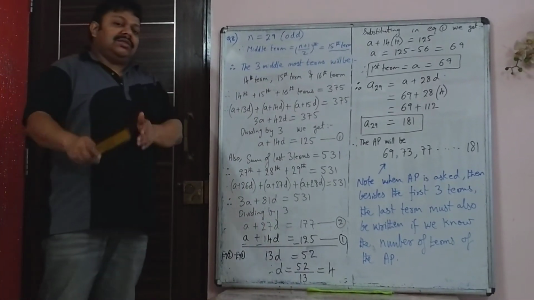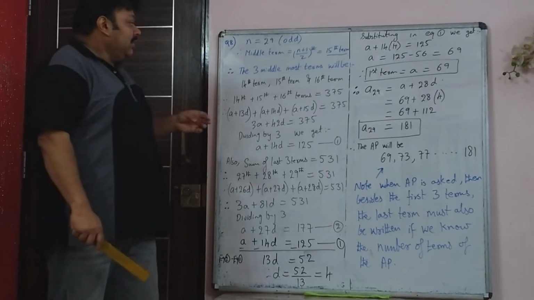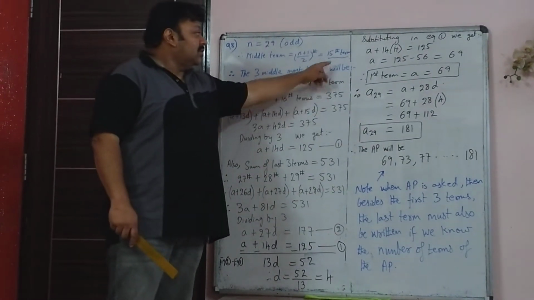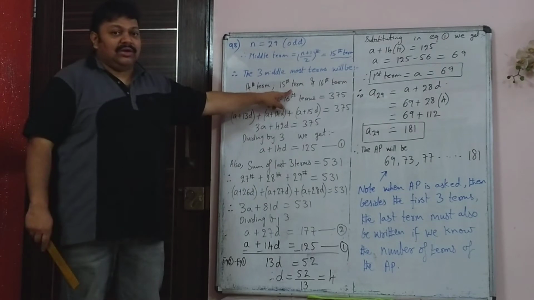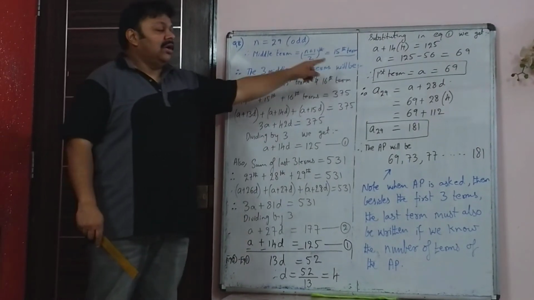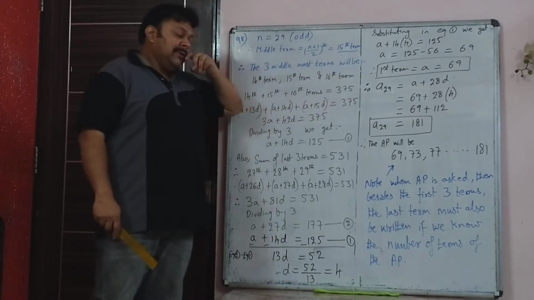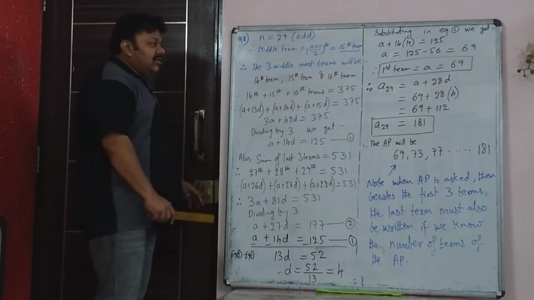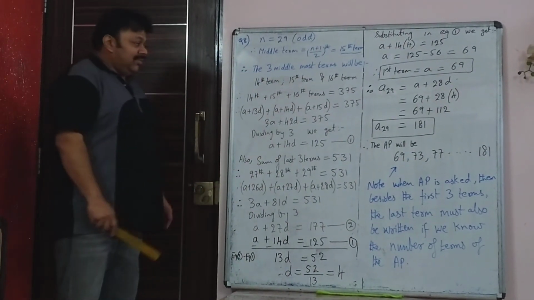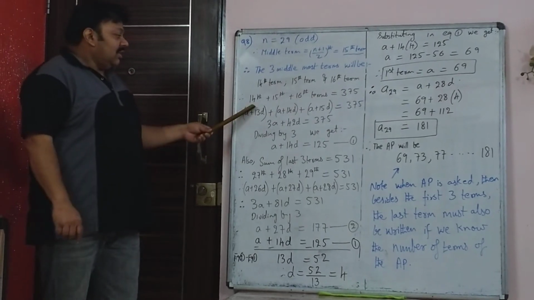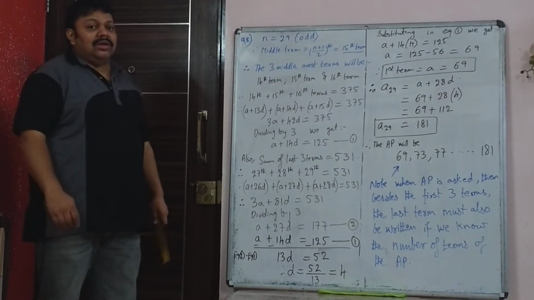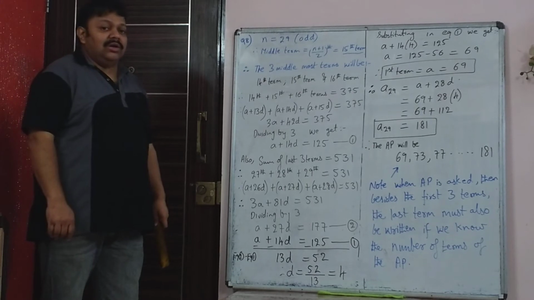So what will be the 3 middlemost terms? It will be 14, 15 and 16, because the middlemost term is 15, so one term before that and one term after that. So the 14th, 15th and 16th terms will be the 3 middlemost terms of this AP. Now what is the 14th term? You are using the formula an is a plus (n minus 1)d.